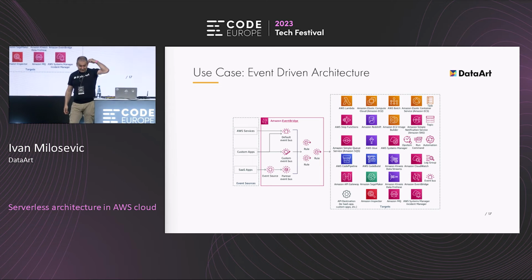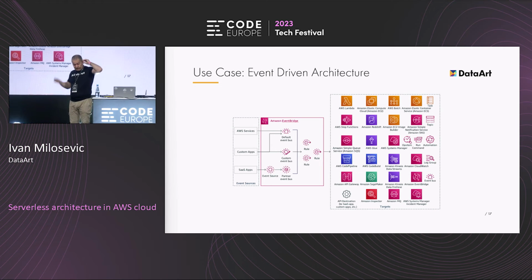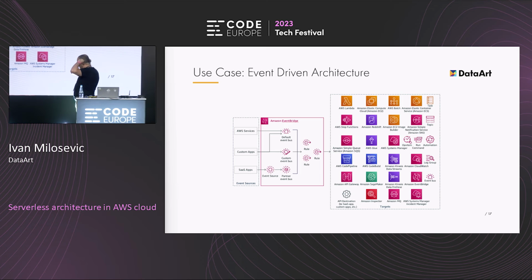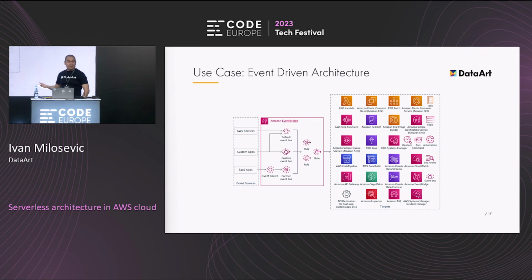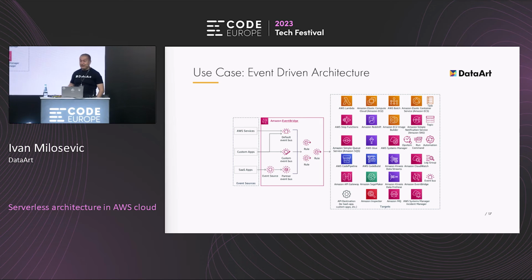And that event destination part essentially has to do with a wide variety of AWS services that are capable of reacting. And most of them, if not all, are essentially serverless. So you name it.